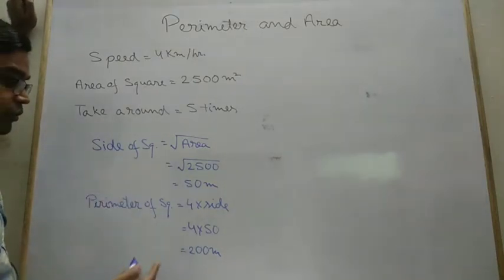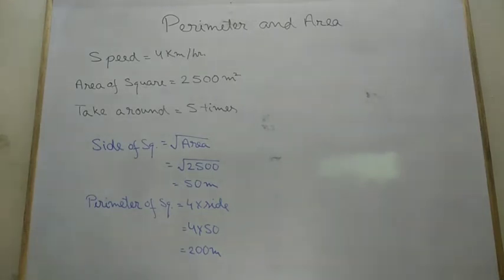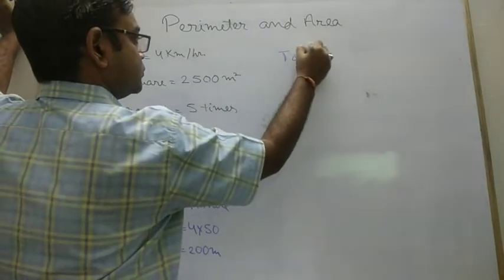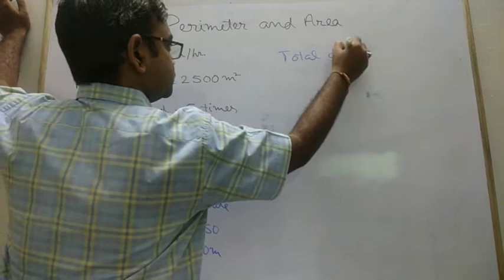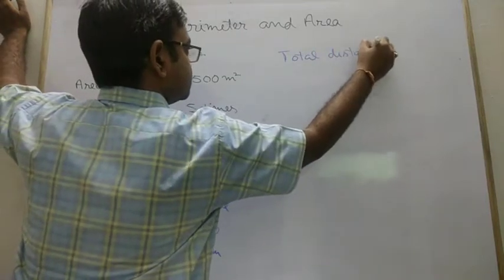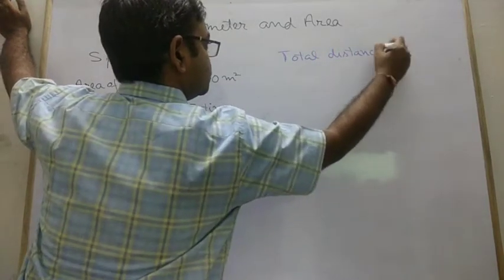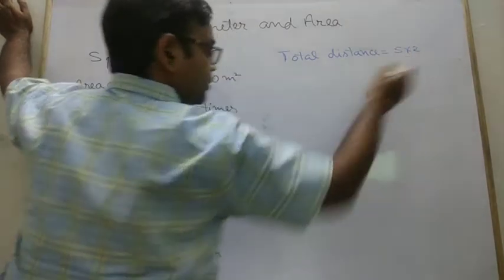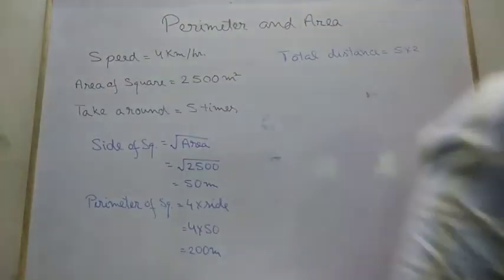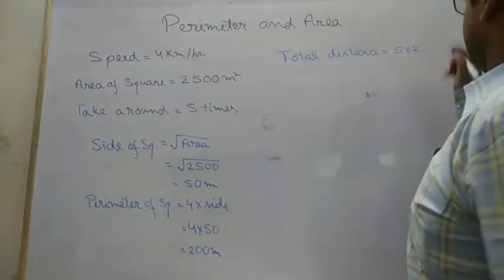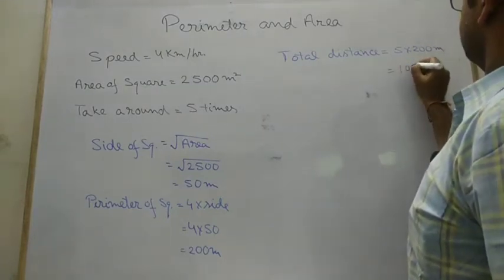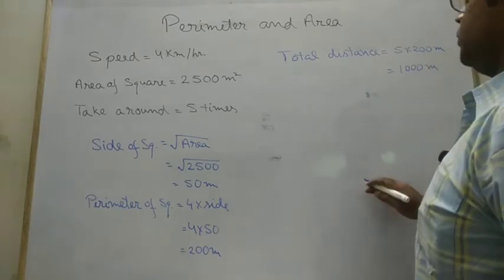This is the perimeter of the square, and he covered this distance in 1 round. He takes 5 rounds, so the total distance covered by the person equals 5 into 200 meter, which is 1000 meter.